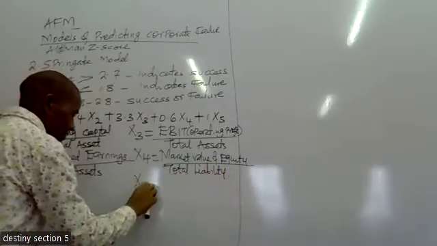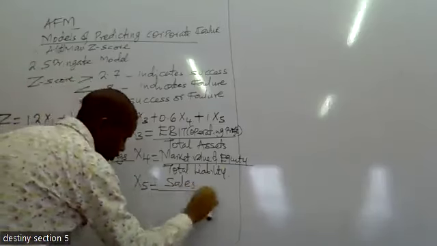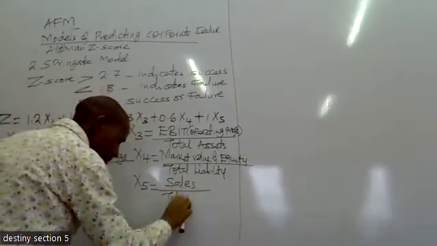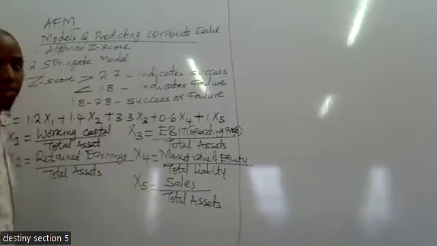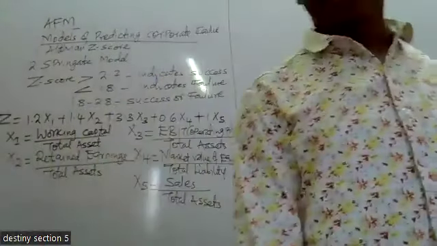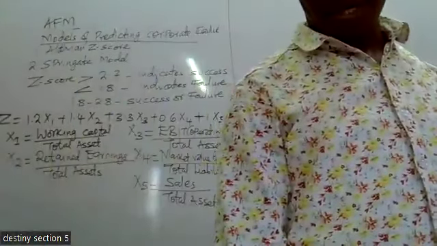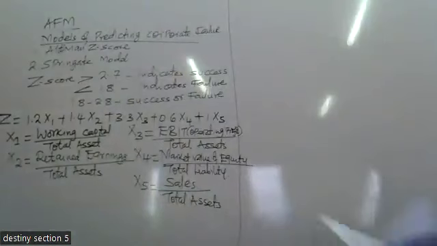Then X5 will be the sales over total assets. Sales over total assets. That is how we get the Z.